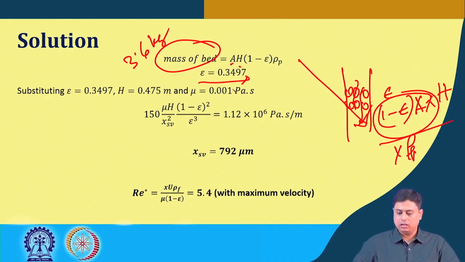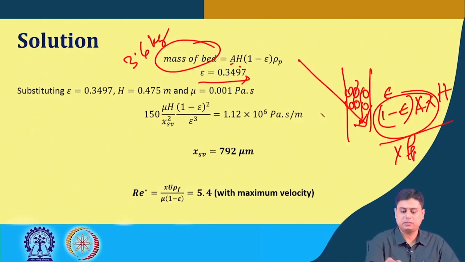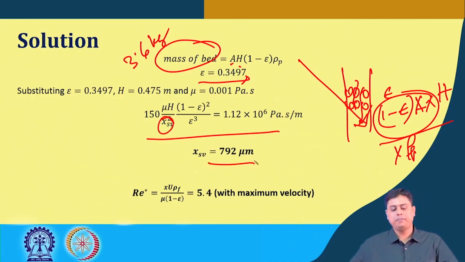Once we have that, we replace epsilon in this expression. All values are known: epsilon, H and mu. So, we get xv, and that comes out to be 792 micron. This is our surface volume mean diameter. We have to calculate the relevant Reynolds number.